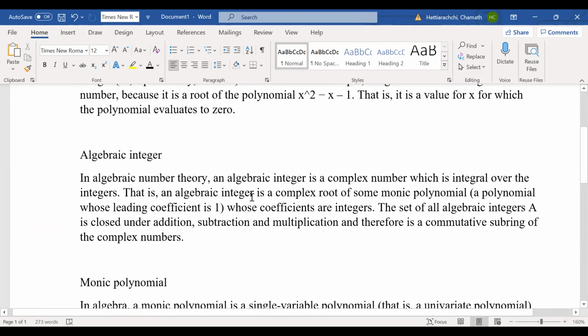Let me make it bigger so you can see. That is, an algebraic integer is a complex root of some monic polynomial, meaning a polynomial with leading coefficient 1 and whose coefficients are integers. The set of all algebraic integers is closed under addition, subtraction, and multiplication, and therefore is a commutative subring of the complex numbers.